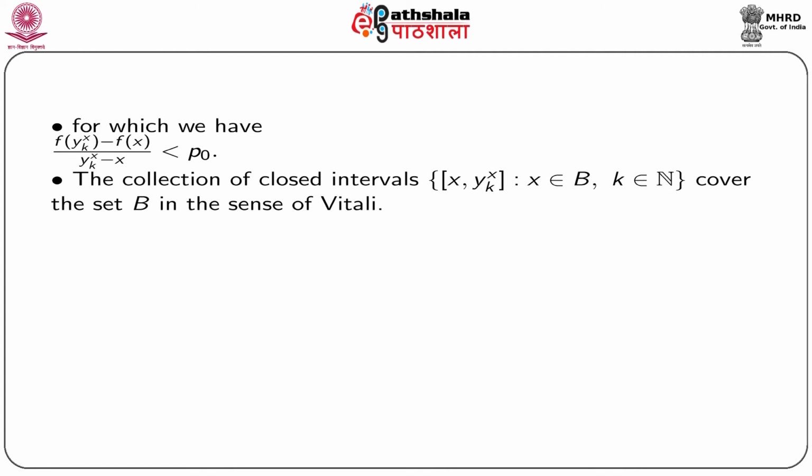See that from the definition of D lower plus, for each small positive number we can get such an interval whose length is less than the specified small number, and obviously each interval [x, y_{x,k}] contains the point x. And so, this particular collection of closed intervals covers the set B in the sense of Vitali.